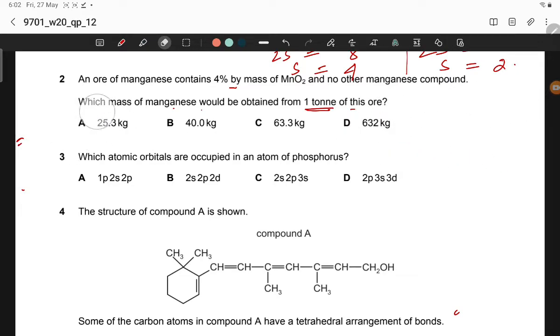Question number 3. Which atomic orbitals are occupied in an atom of phosphorus? 1p, 2s, 2p.